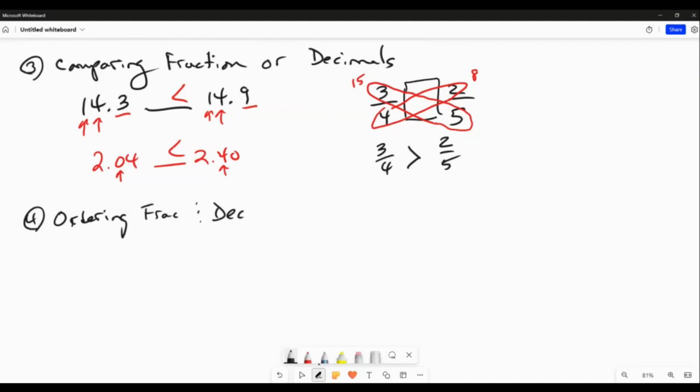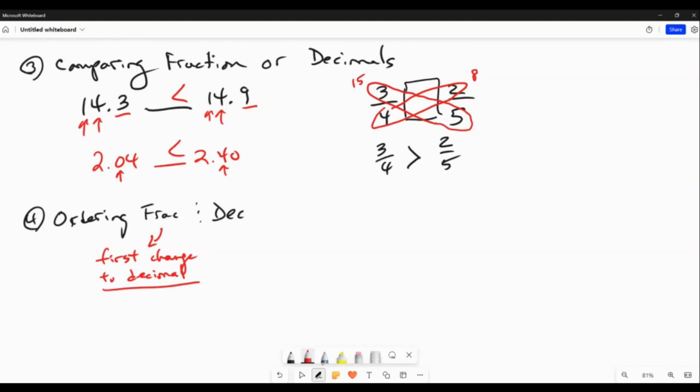The only difference is now that we know how to convert fractions into decimals, if you're going to order a list of fractions, I would first change to decimals, because putting decimal numbers in order is a lot easier than putting fractions in order, unless you're me and you screw up the answer sheets.